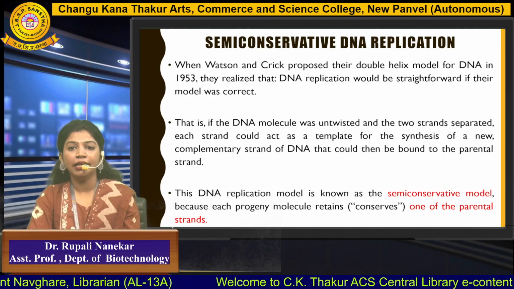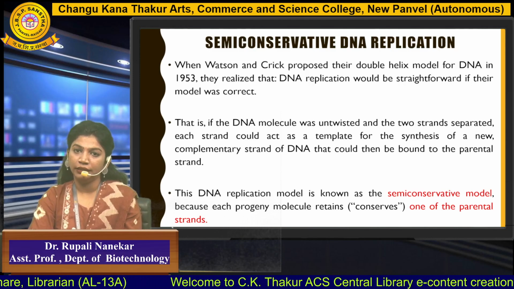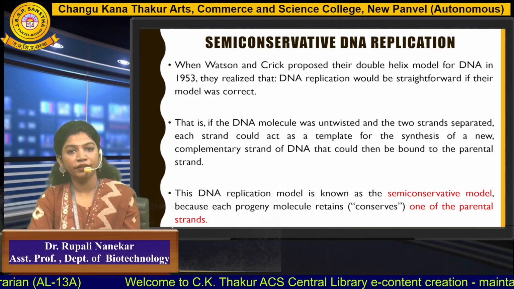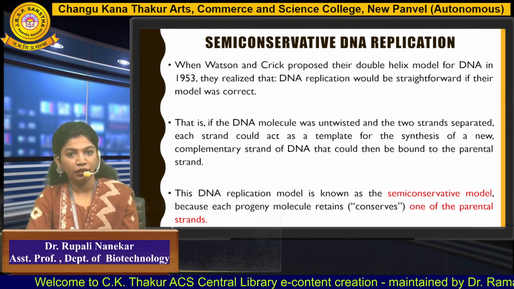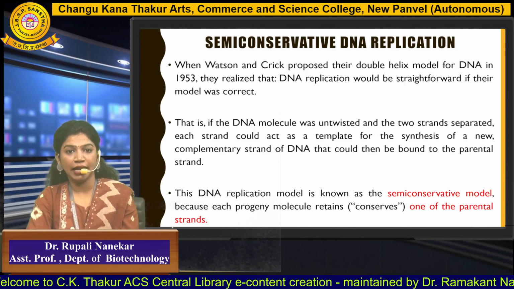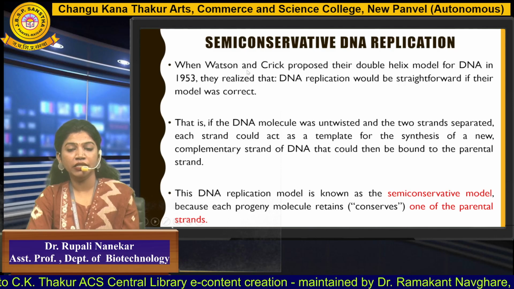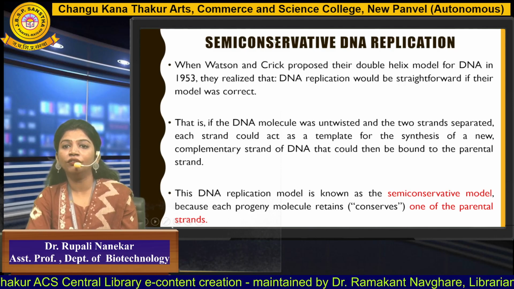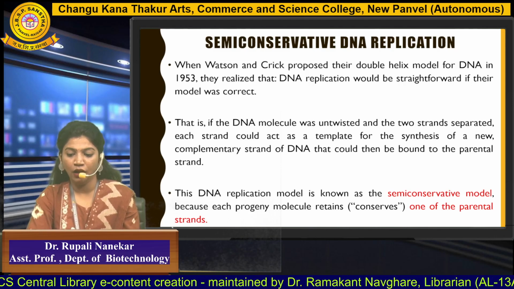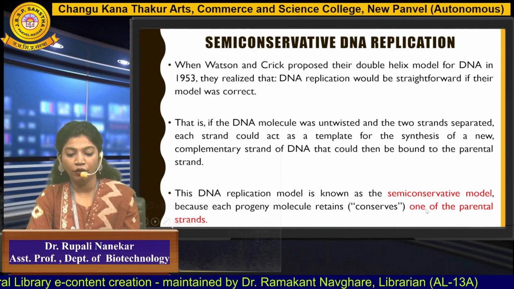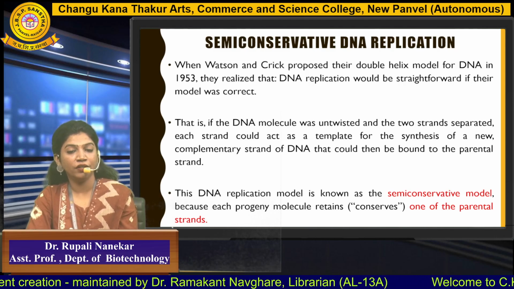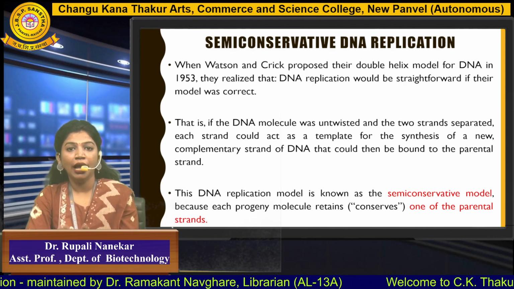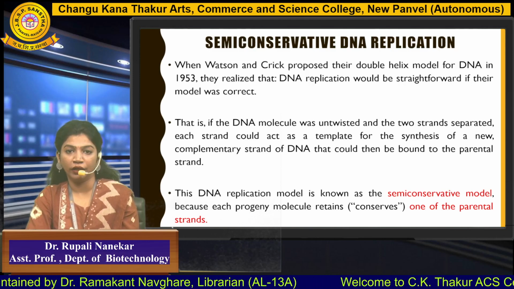From that, three different models arose: semi-conservative, conservative and dispersive. The semi-conservative model says that each progeny is going to retain one of the parental strands. That means one of your parental strands would be conserved when it is passed on to the next generation, and the other one will be new.